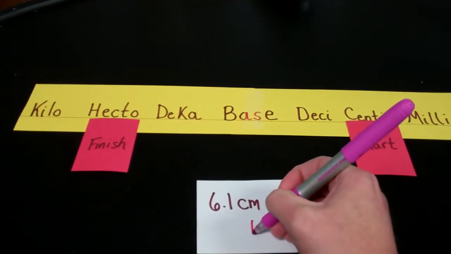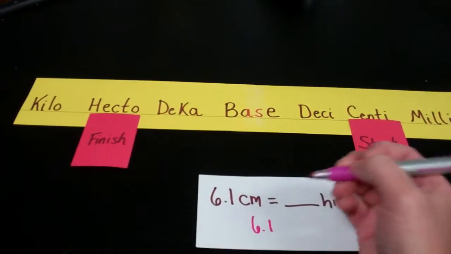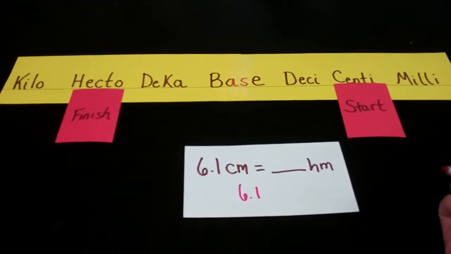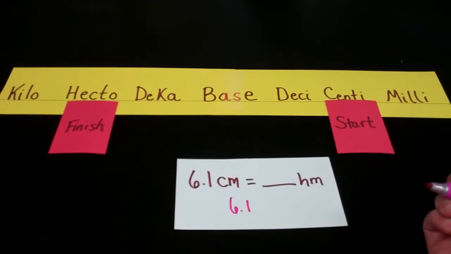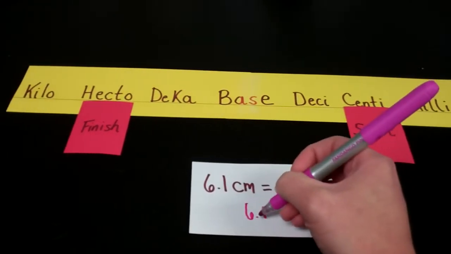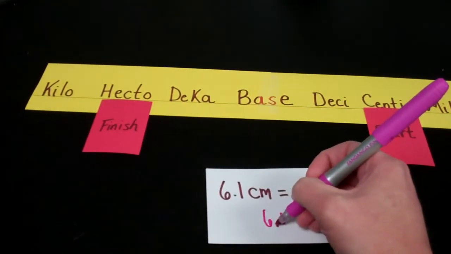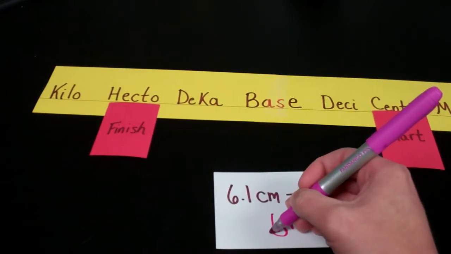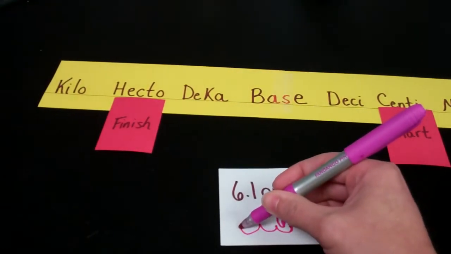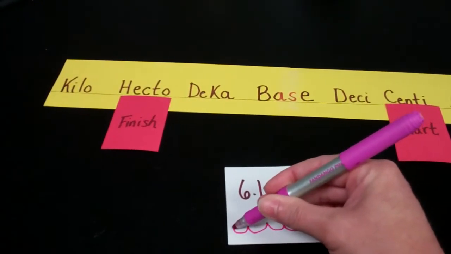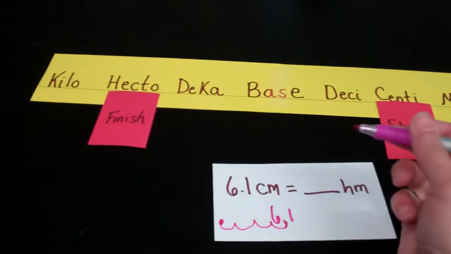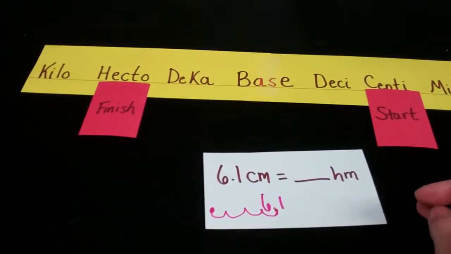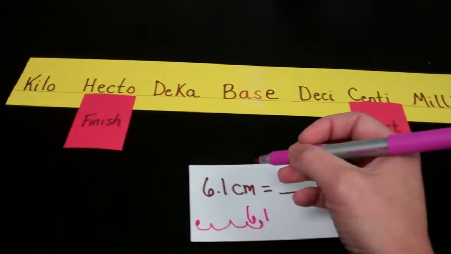So we have 6.1 centimeters, and I moved my decimal 4 places to the left. 1, 2, 3, 4. And my decimal is now here. The empty places, I add zeros as placeholders.